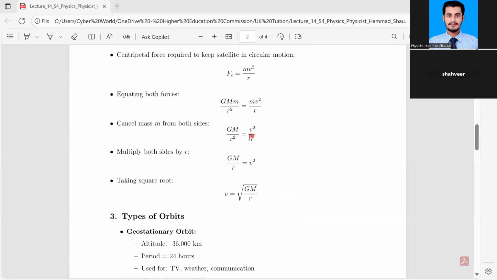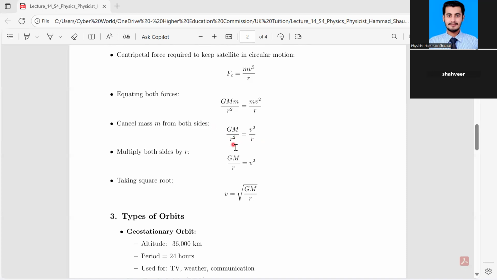So what do we have to do with this r? Could you move it to the other side? Yes, we have to move this r to the other side. It is in the denominator, but once it moves to the other side, it goes into the numerator.